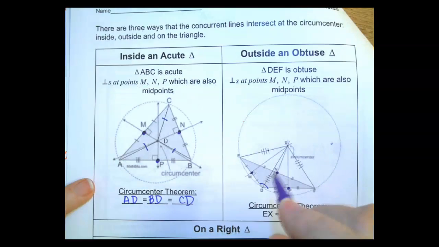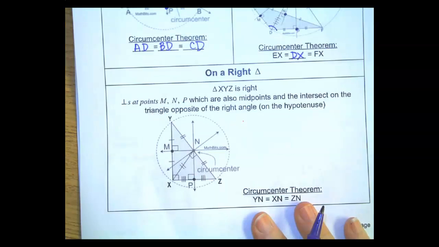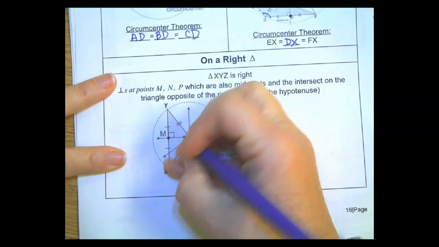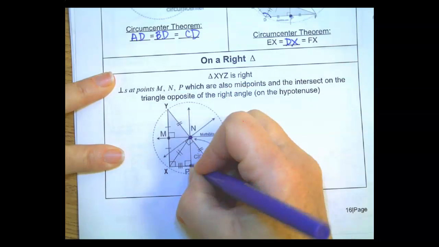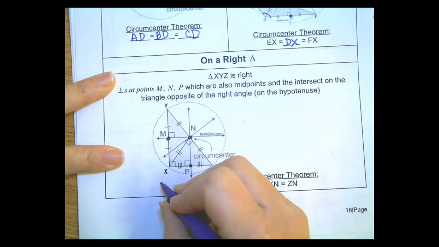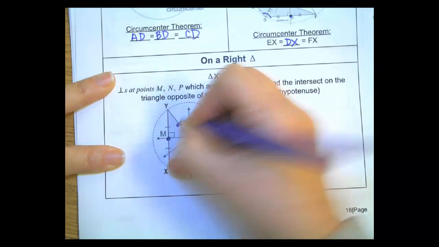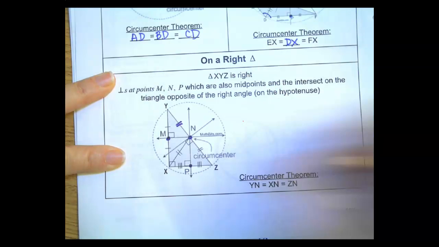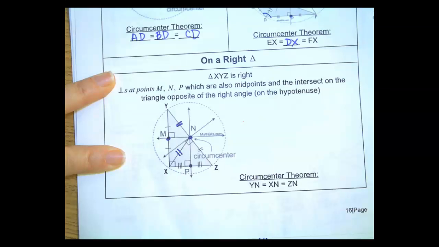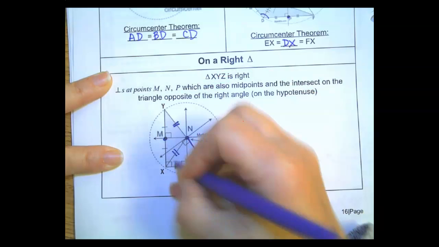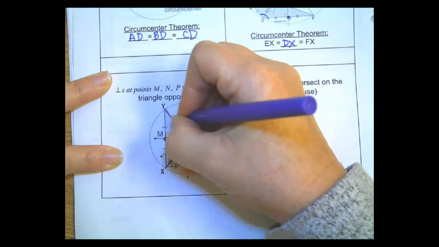On a right triangle, same sort of thing. So we have these points, and then all of these going towards it, YN, XN, and ZN would all be congruent. It probably wouldn't hurt if we outlined those so you can see them a little better.